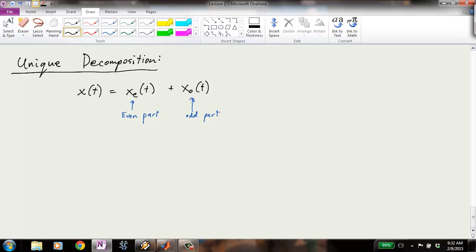Does anyone have a guess at how I will express this decomposition? Yes? No restrictions. None that I can think of. Yeah, should work. Can anyone think of a formula for extracting the even part? All right. Think back to how you found the real part of a number.